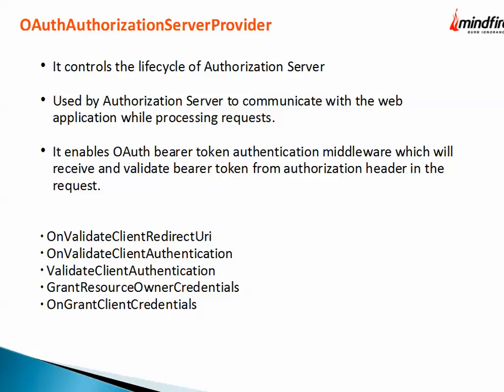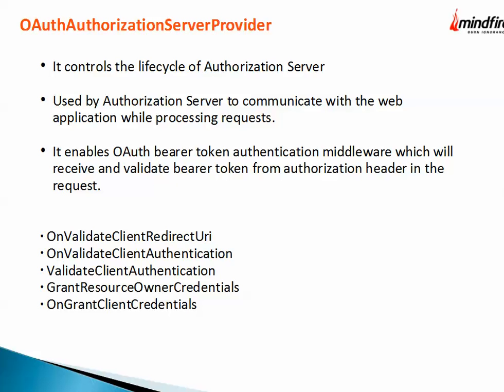It enables OAuth bearer token authentication in middleware, which will receive and validate the bearer token from the authorization header in a request. So whenever we put the bearer, that syntax we have previously discussed, bearer slash access token, internally it will first come to this function API. We'll see this function API in our demo application.